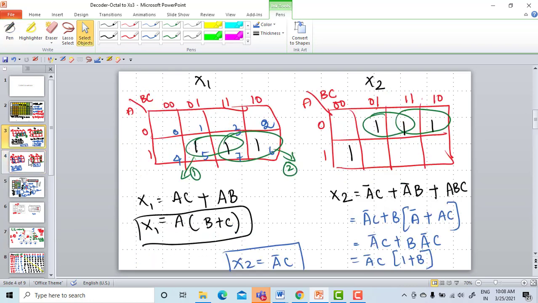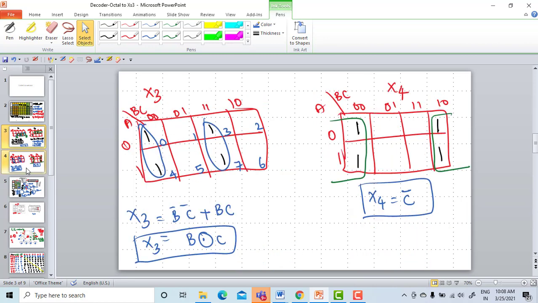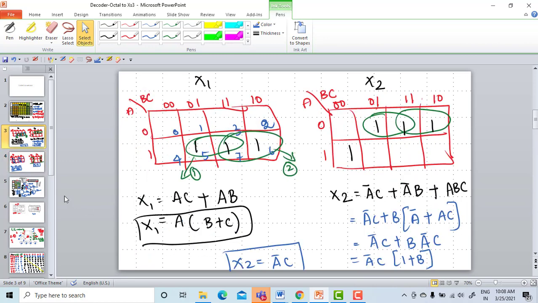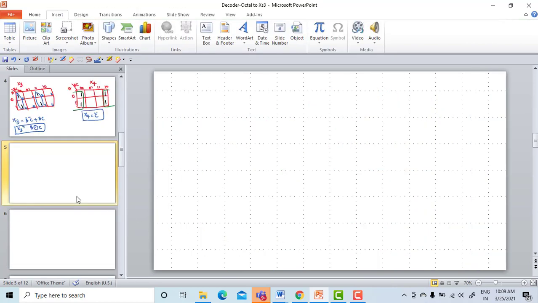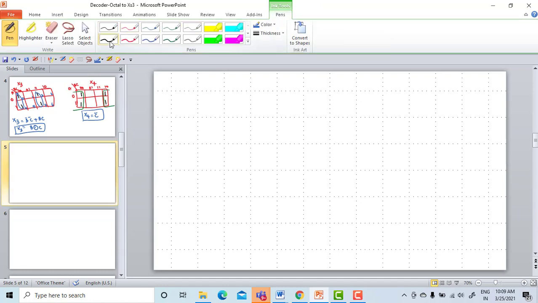What are all the expressions we have? So let me write it down here. The expressions, consolidated.